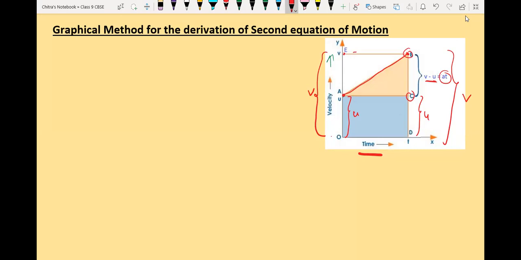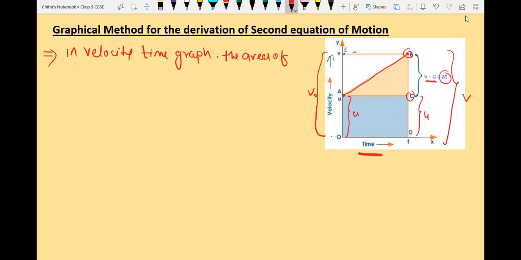So I'm just going to write the statement which is given by Newton in order to derive the second equation of motion. In the velocity time graph, the area of the quadrangle.